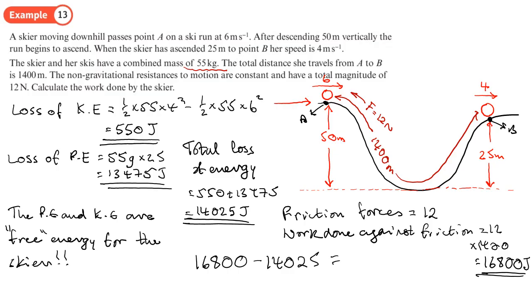And if we subtract one from the other, 14025, we get 2775. So 2775 joules is how much work the skier needs to do. So that's our final answer here.